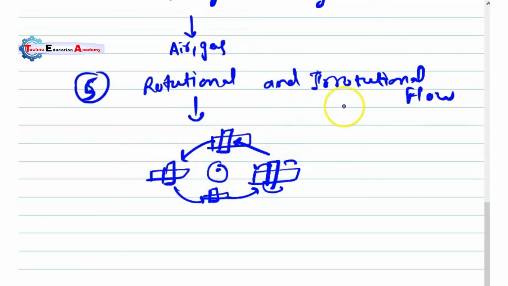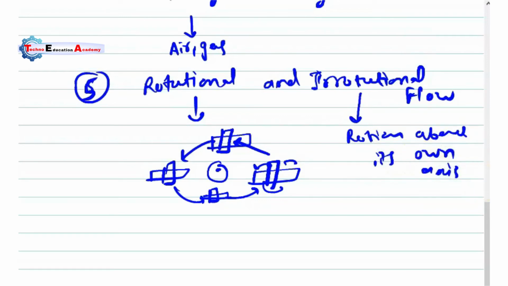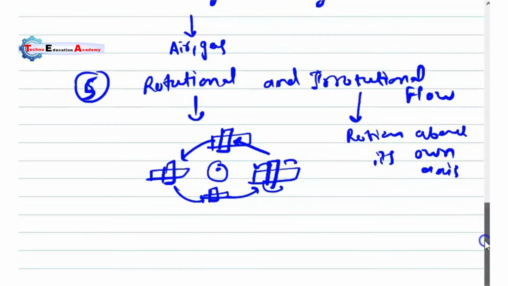That is called rotation. But in irrotational flow there is no rotation about its own axis. Is it clear?